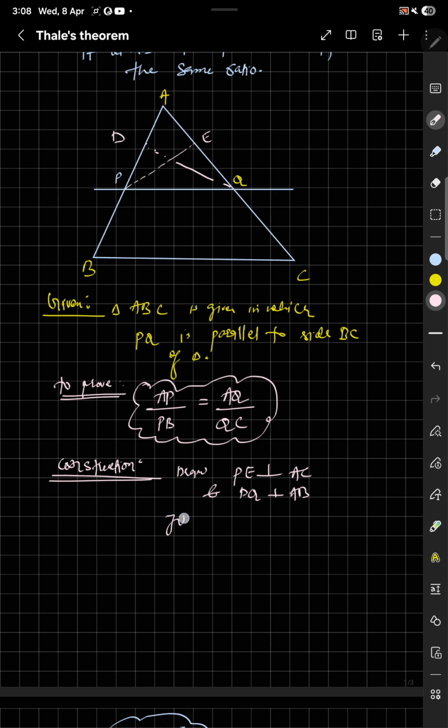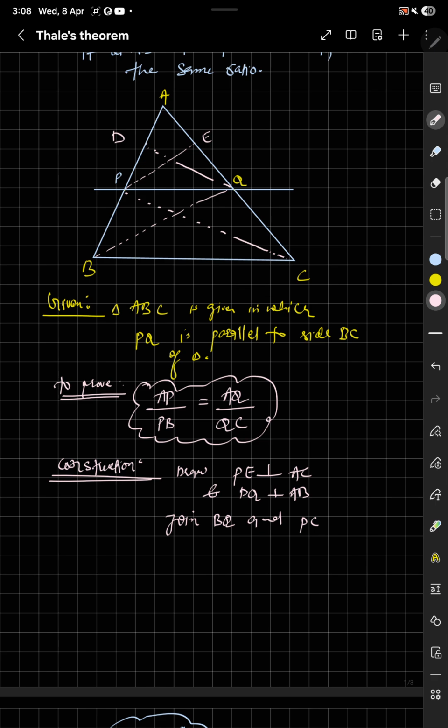Also join BQ and PC. Join BQ and join this PC.